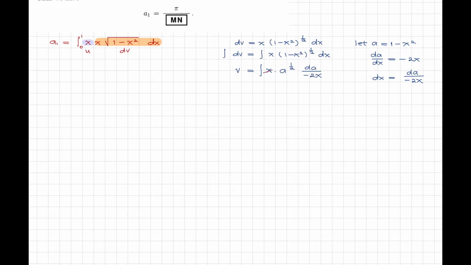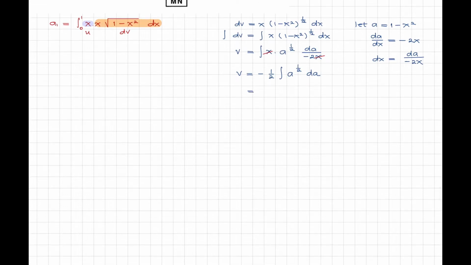If we cancel out the x, I get v equals, moving the constant outside the integration, negative half the integration of a to the power of half dA. I think you can do it by yourself. If we integrate that, I obtain negative half times a to the power of 3 over 2 divided by 3 over 2, plus c.